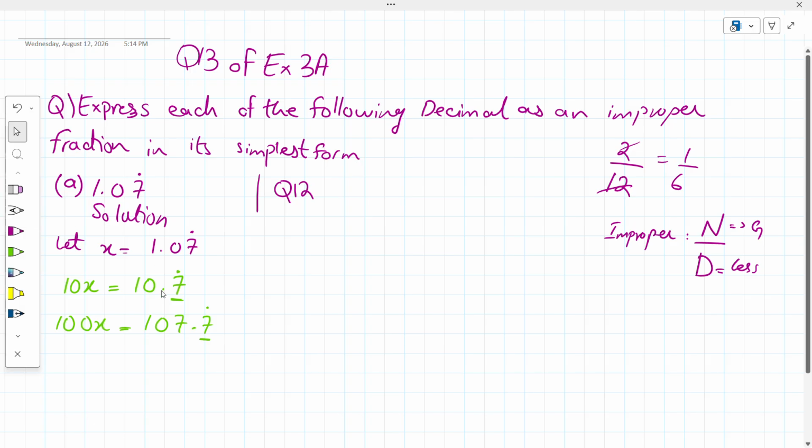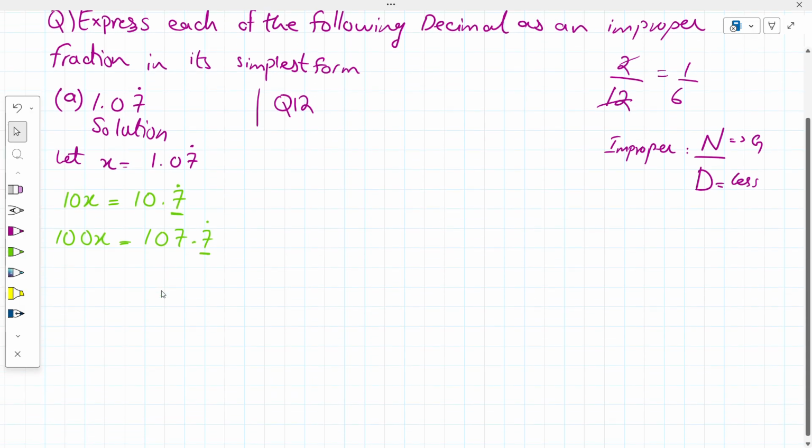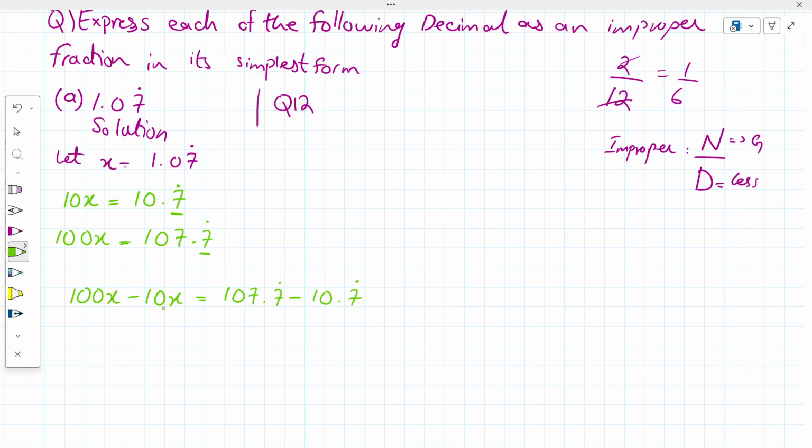Now I am writing it in algebraic form. We are not writing it as a long division. So here it will be 100x minus 10x equals 107.7 recurring minus 10.7 recurring.